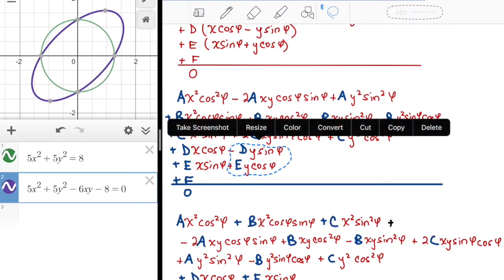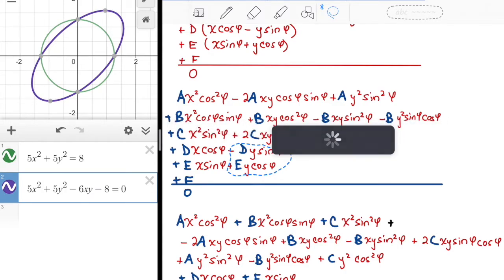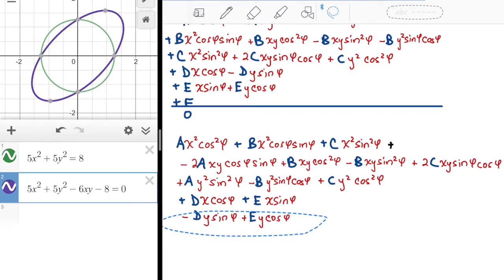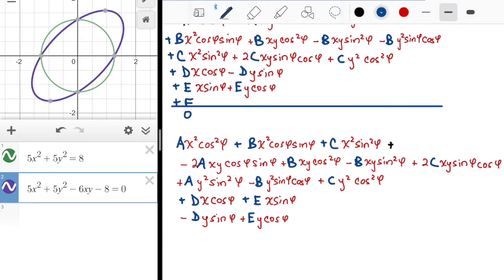I lost my dot. And then again, my lone constant at the end.